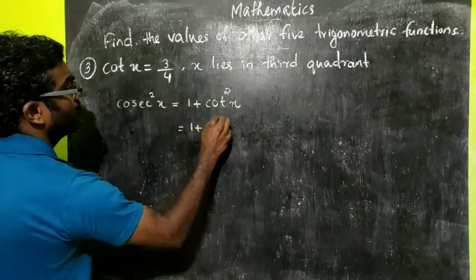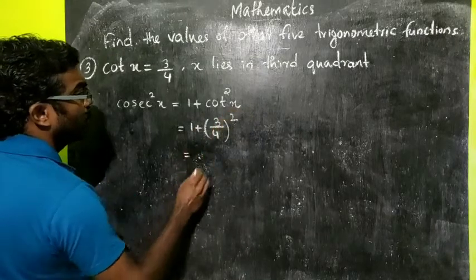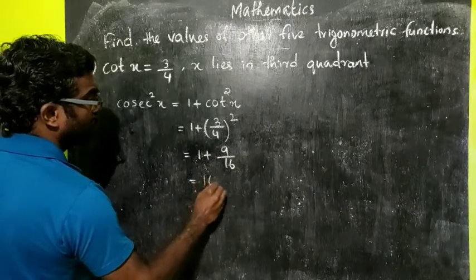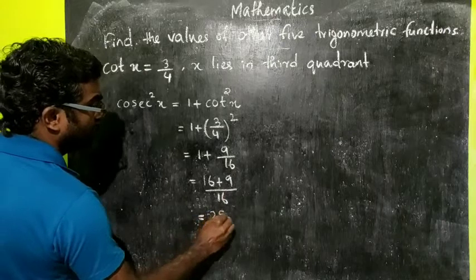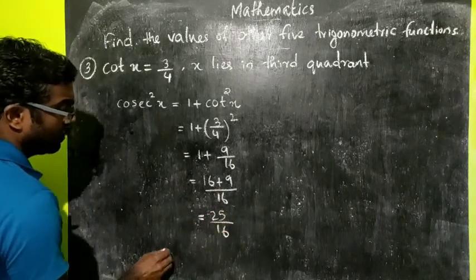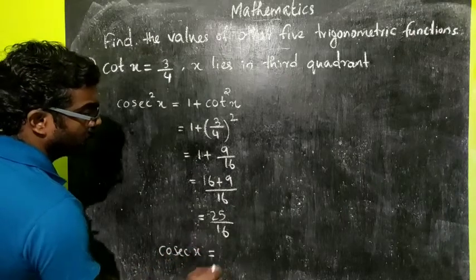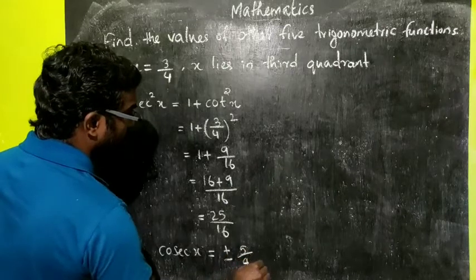That is 1 plus 3 by 4 the whole square, which is equal to 1 plus 9 by 16. And on cross multiplication we get 16 plus 9 by 16. That is 25 divided by 16. And from this cosec x is equal to root of 25 by 16. That will be equal to plus or minus 5 by 4.